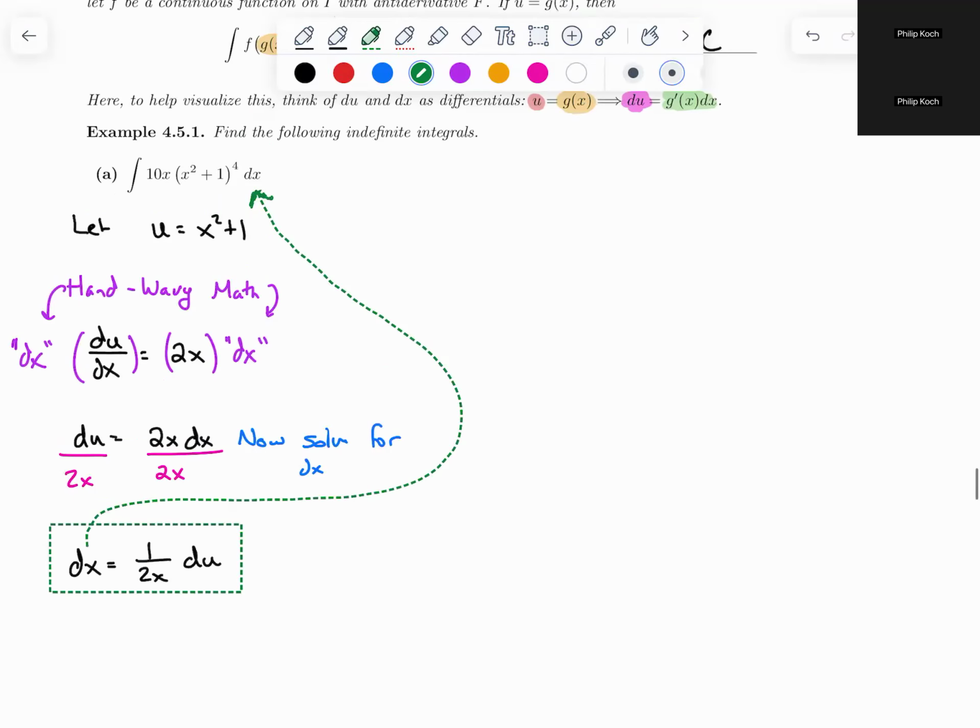So this is equal to the integral of 10x times u to the fourth times 1 over 2x du. To help visualize this a little more, I'm going to do some highlighting. The dx here is now a 1 over 2x du.